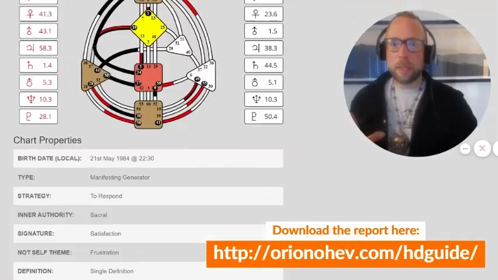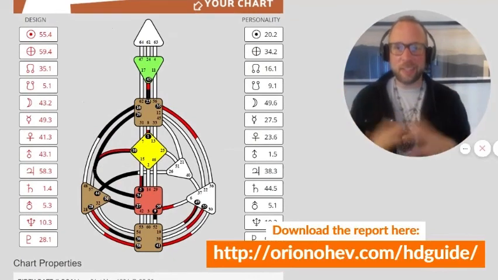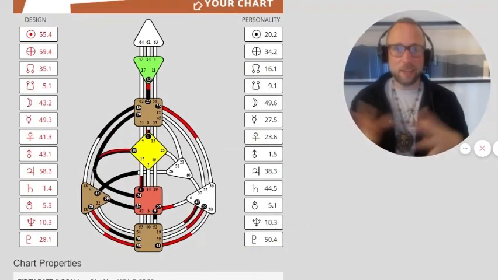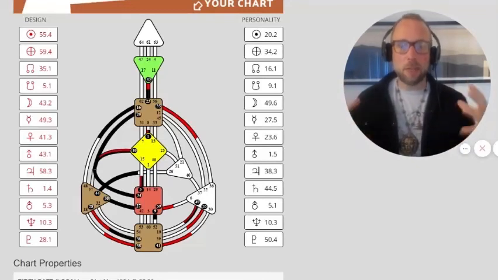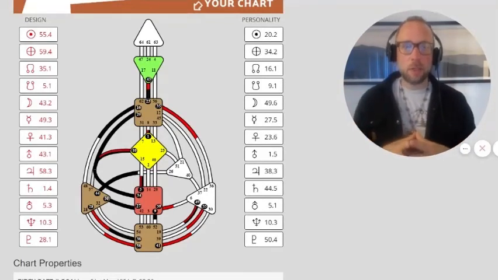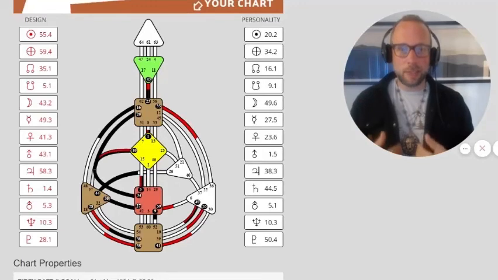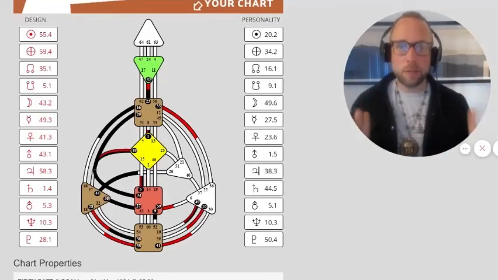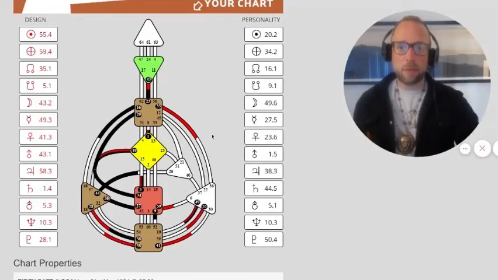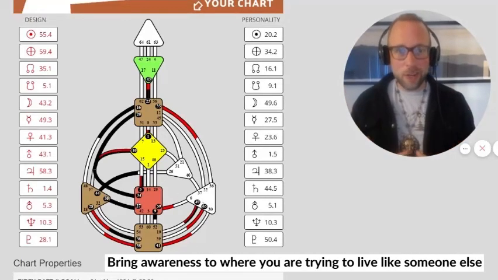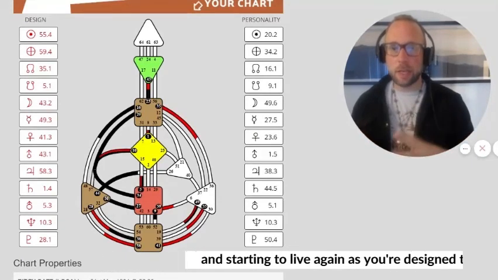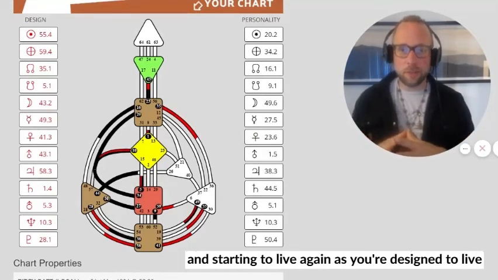But at a high level, that's what you're looking at, and how energy is uniquely designed to move through your body, your being, so that you can learn and remember how to trust it and not compare yourself to others and live other people's lives and live into the conditioning of these open centers. To start to bring awareness to where you are trying to live like someone else and start to live again as you're designed to live.